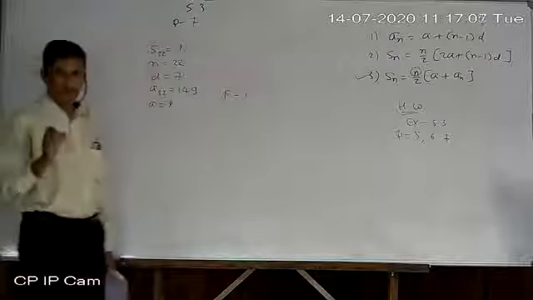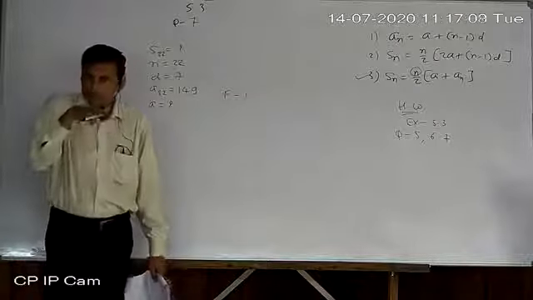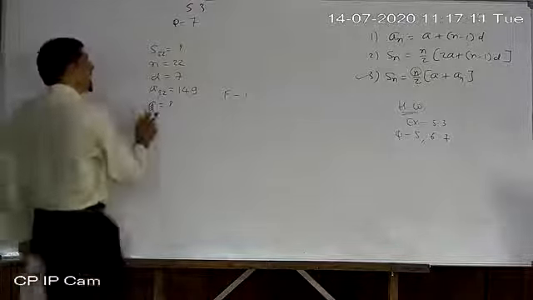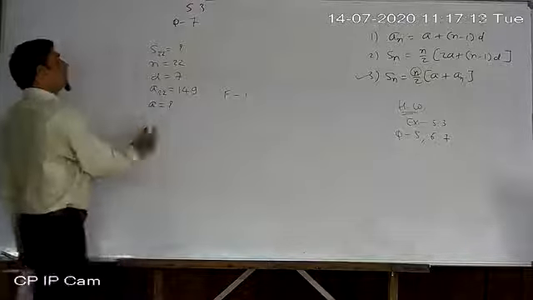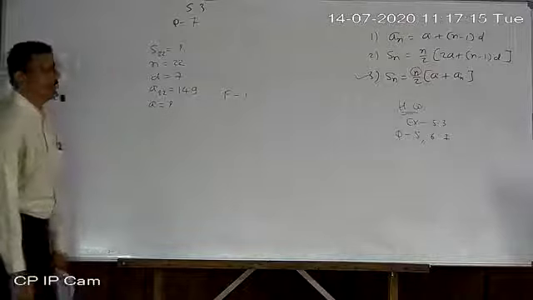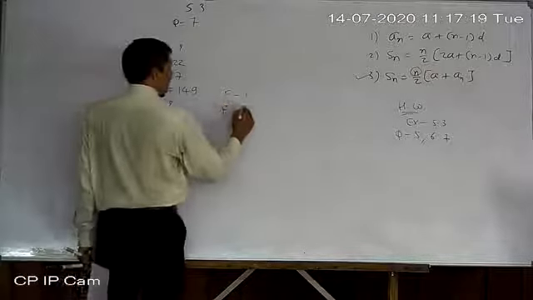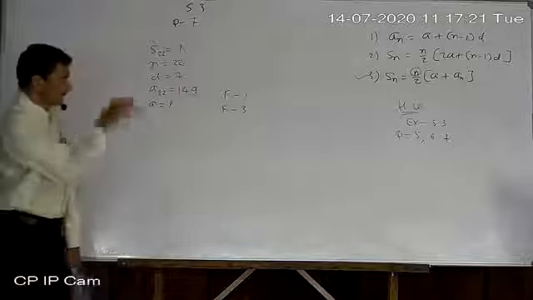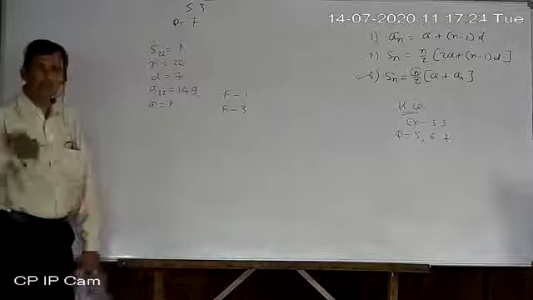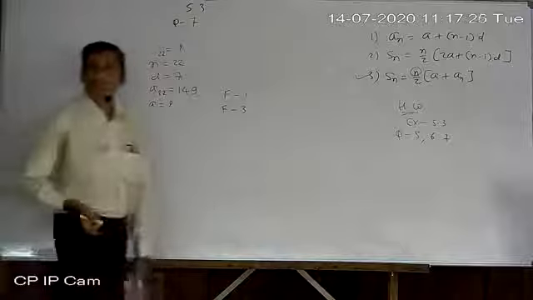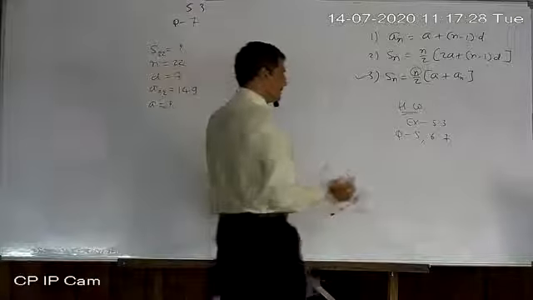Mostly formula number 1 is frequently used at first position. After getting A, either you can use second or third, anyone, but we always prefer number 3. So just like the earlier one, here also first and then third.